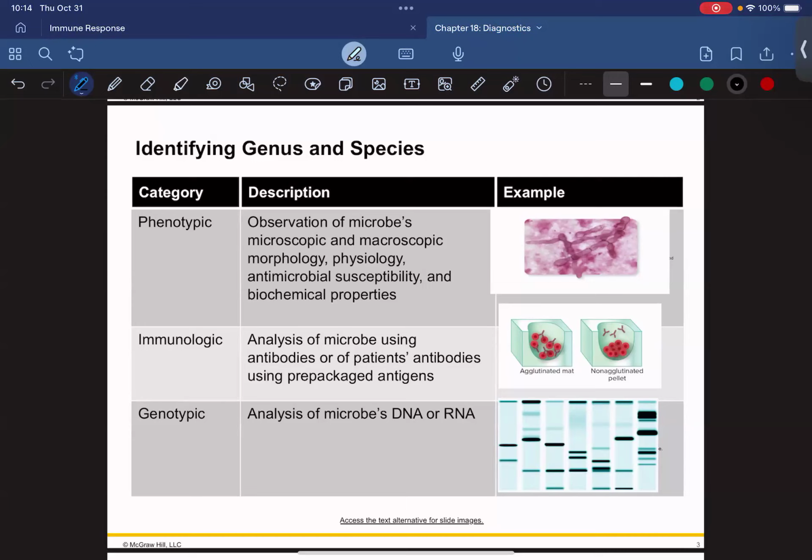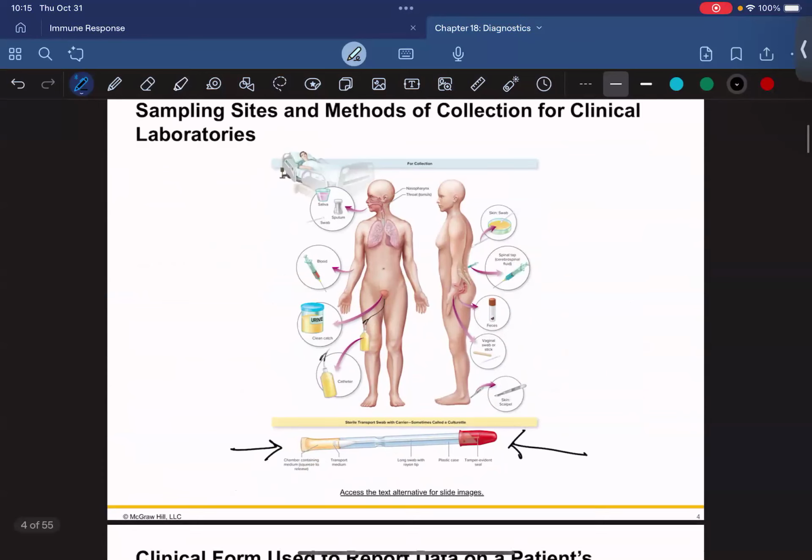That includes T cell responses as well, which I know is not antibody, but it is immunological, dealing with antigens, right? And then we have genotypic. This is looking at the actual genetic sequences of things, not looking at their expression, but the actual genes in the background. So A, T, C, G of things.